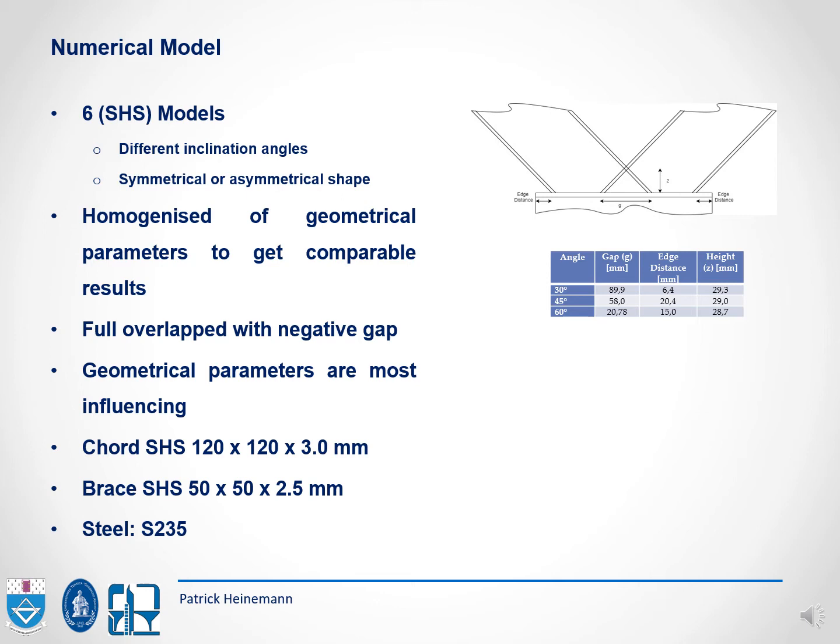In the literature you can see that the geometrical parameters most influence the resistance of these nodes. For my analysis, I picked a cross-section for the chord of 120 times 120 times 3 mm thickness, and for the branches a 50 times 50 times 2.5 mm cross-section. The material is one of the most common steel types in Europe, which is S235.